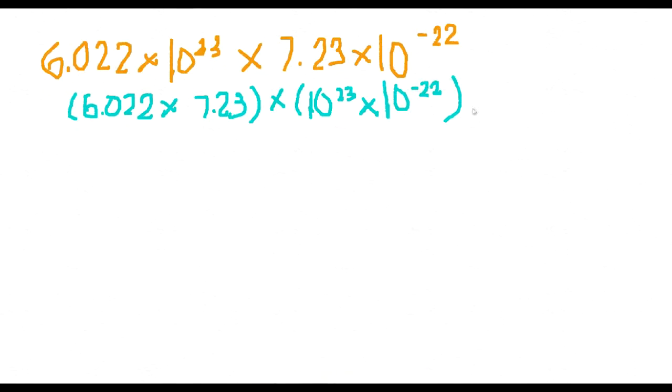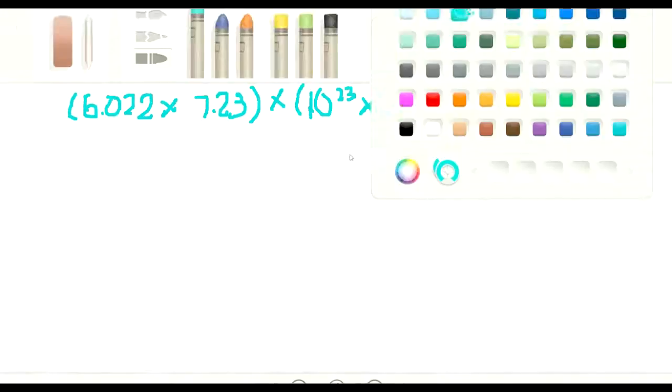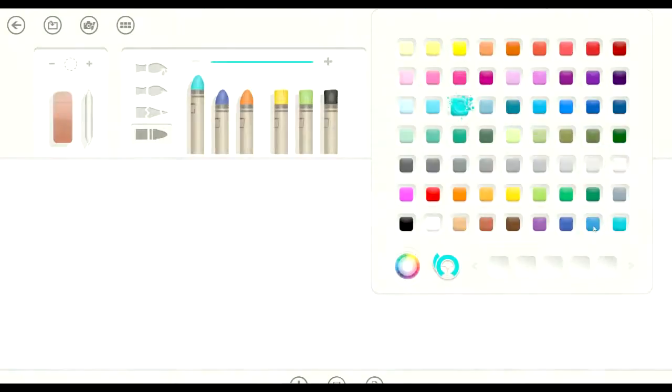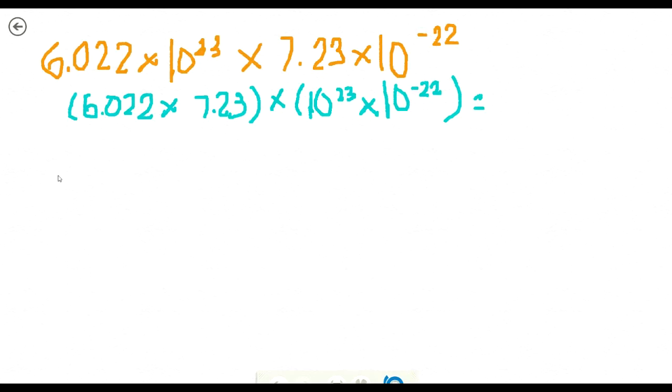So we can multiply first the 6.022 multiplied by 7.23.